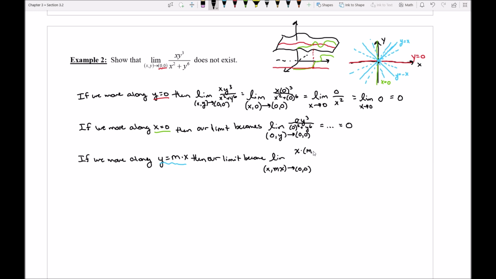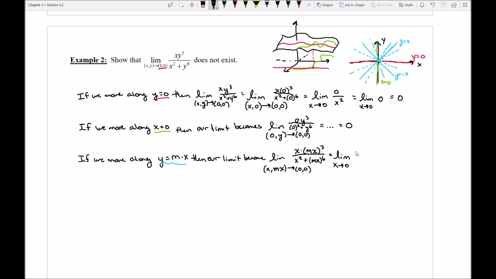So here I'm going to have m times x to the third in the numerator, and then I'll also have x squared plus m times x to the sixth. All right, if I simplify this limit, I'm still just going to be down to a limit where x is approaching 0. Remember, m is just a placeholder for some number.